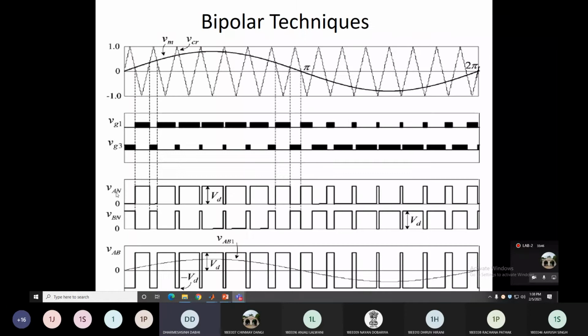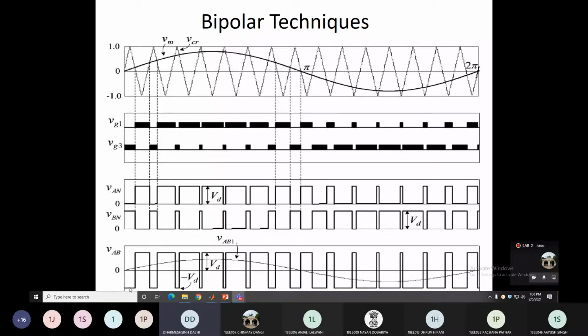Clear? So here it is VAN. Here that is VBN. So between 0 to this angle, your VAN is 0 minus VBN. VBN is positive, but the sign is negative. So you get this magnitude, but in negative polarity.